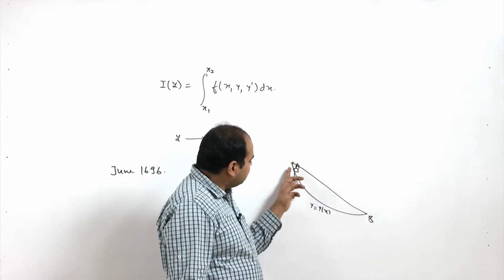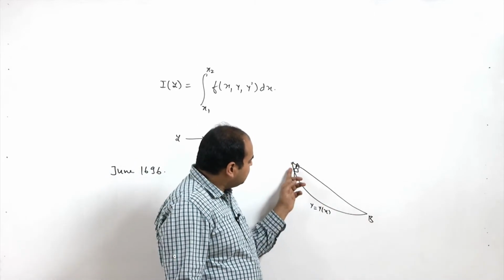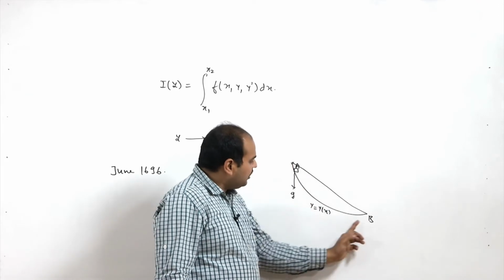Rather, it is the cycloid which takes the least time from A to B.